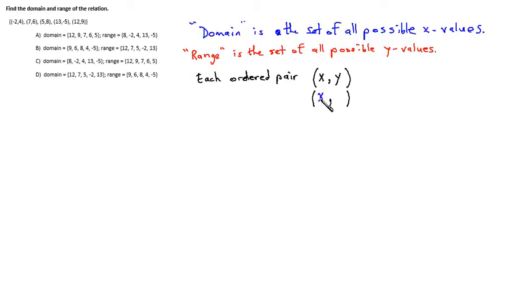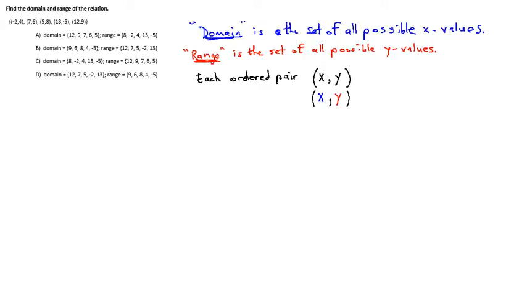We're going to think about x as blue. We're going to associate blue with domain, and we're going to think about the values of y in red, because red is associated with range.